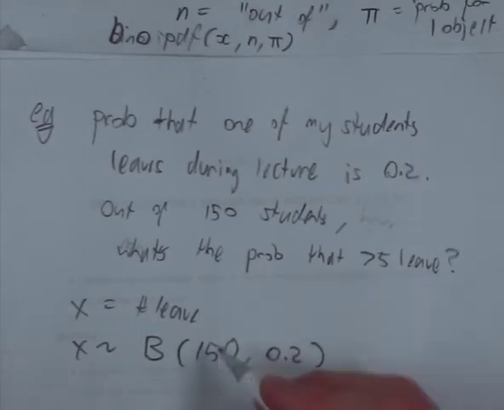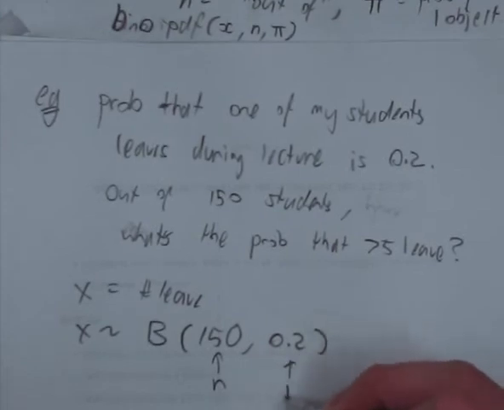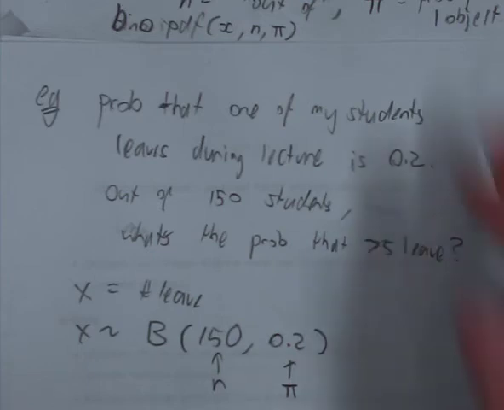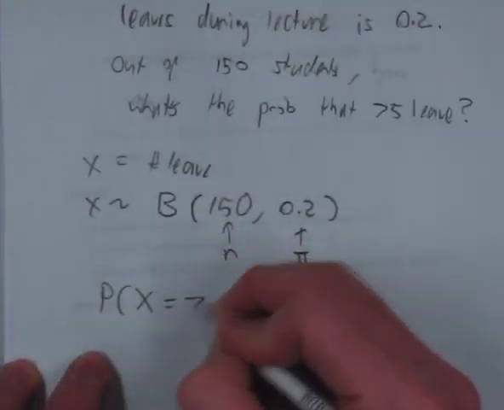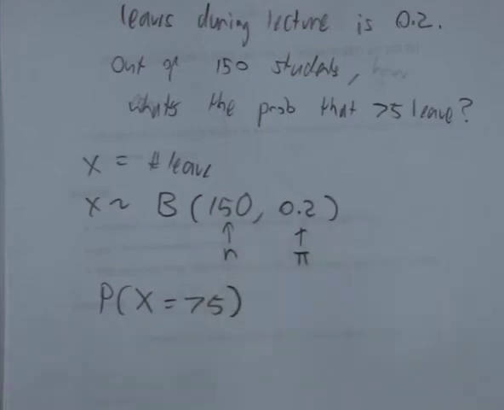Okay, so this is my n, and that's my pi. All right, I can sub them into the formula in this way, and what I'm looking for is what's the probability of it coming out to 75. Okay, because I want to know what's the probability that 75 of them leave.